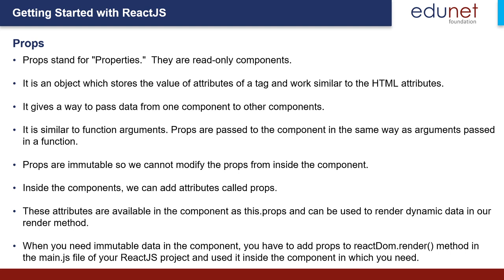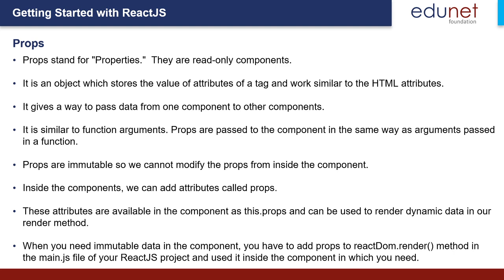Just as every HTML element has attributes, props are passed to the component in the same way as an argument passed in a function. In a function you pass arguments, the same way the props will be passed to the other component. Okay, the props are immutable, so we cannot modify the props from inside the component. Inside the component we cannot change anything. Inside the component we can add an attribute called props. But we cannot change anything over there.